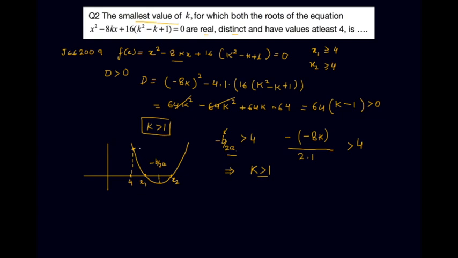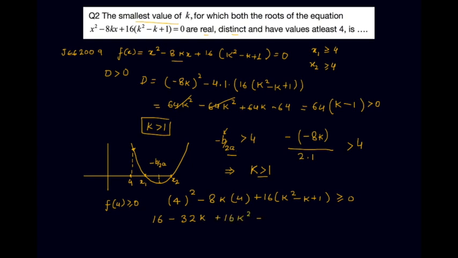So there is one more condition. The value of this function at 4 is greater than equals to 0. So putting the value 4 in the function, greater than equals to 0, so we have 16 minus 32k plus 16k square minus 16k plus 16 greater than equals to 0.